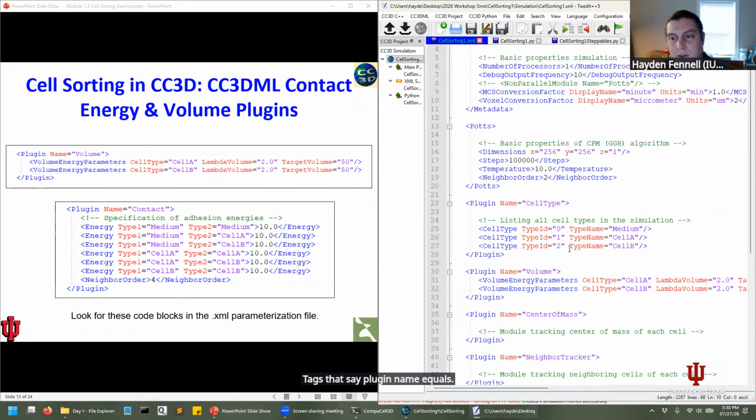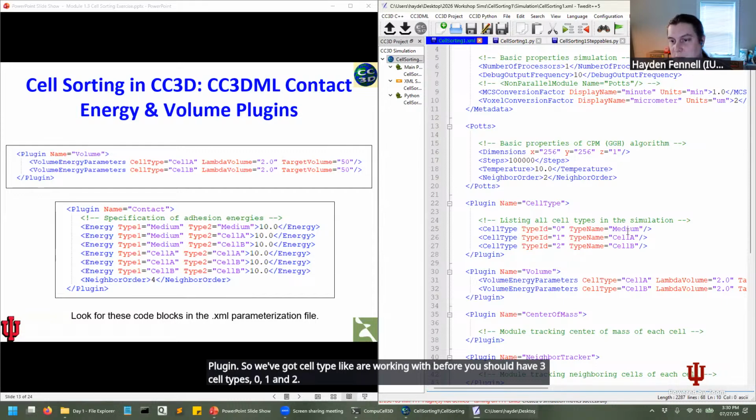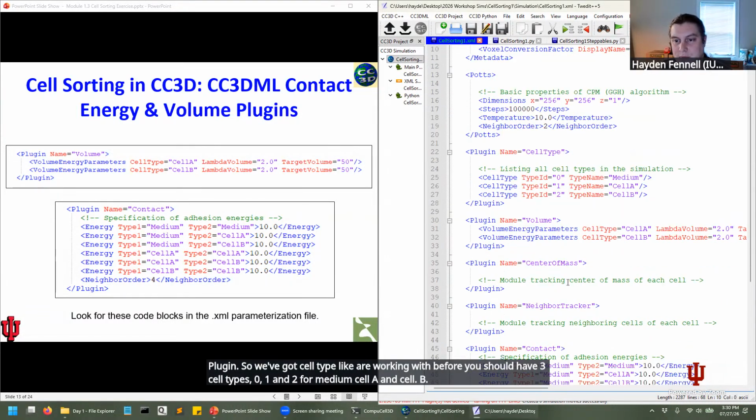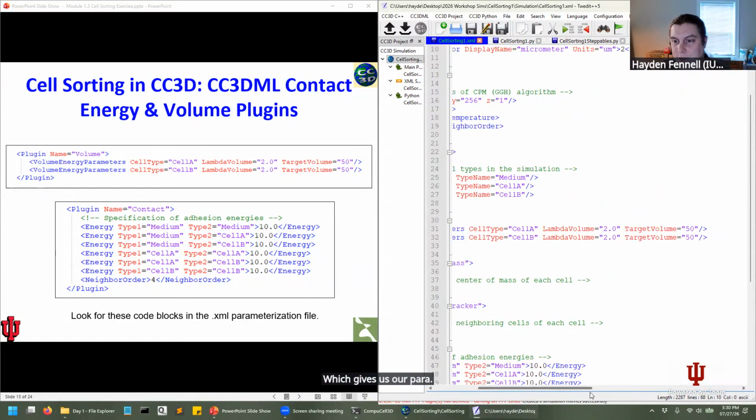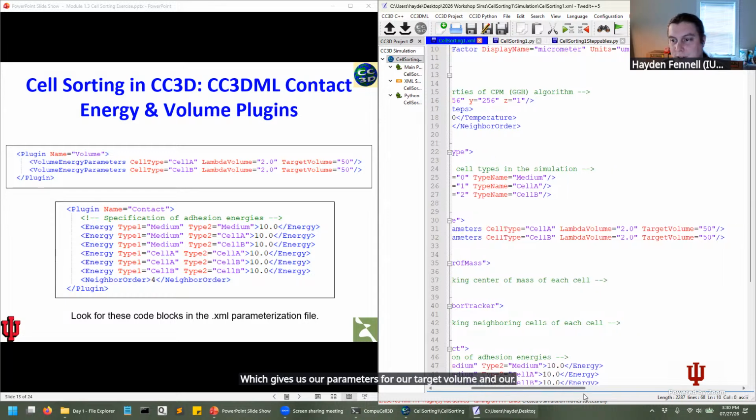Each of those is its own plugin. We've got cell type, like we were working with before. You should have 3 cell types, 0, 1, and 2 for medium, CellA, and CellB. We have our volume plugin, which gives us our parameters for our target volume and our volume fluctuation for each cell type.